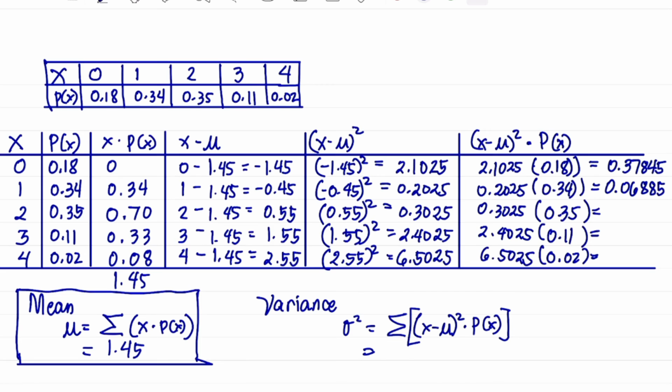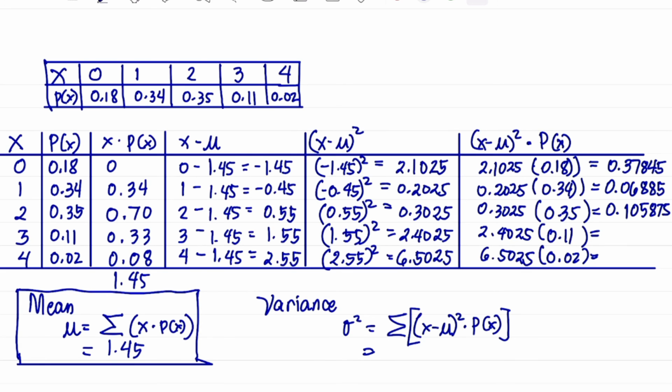And next, 0.3025 times 0.35, that is 0.105875.